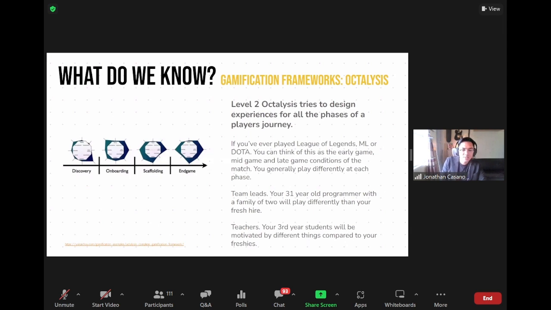The teachers among us as well, your third year students will be motivated by different things compared to your freshies. Badges may still work para doon sa mga freshies natin, but I think hindi siya gagana for those who are a little bit seasoned in terms of their academic journey.